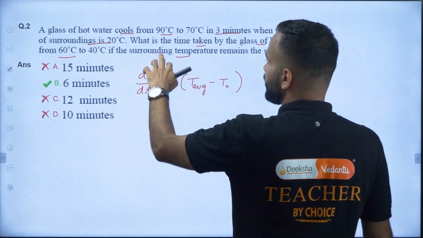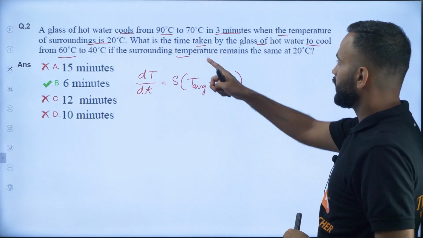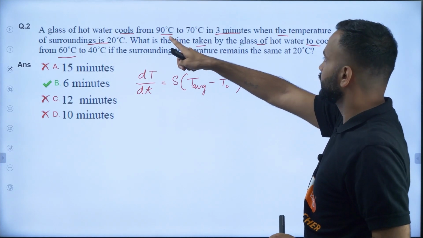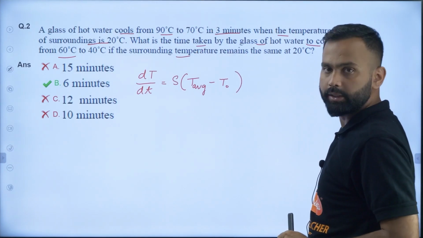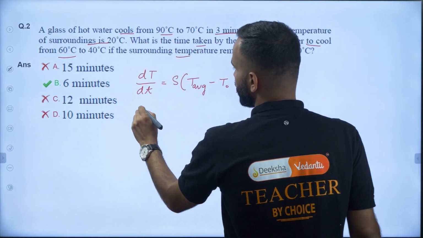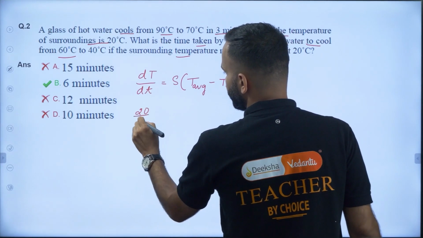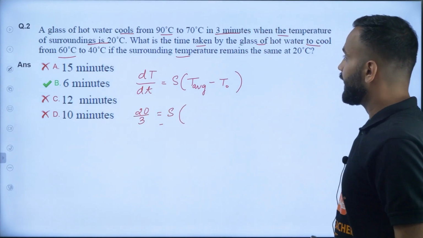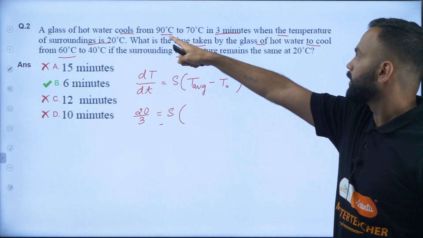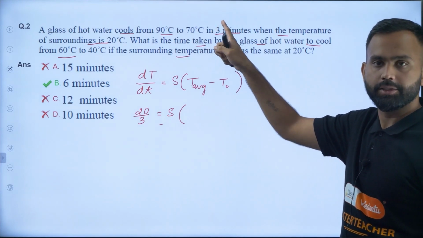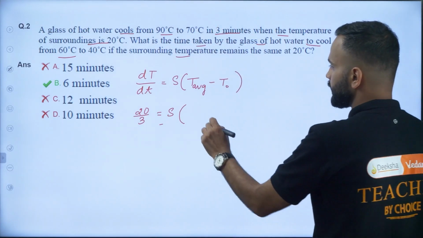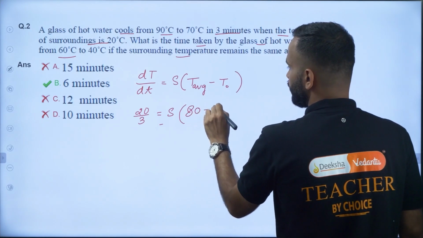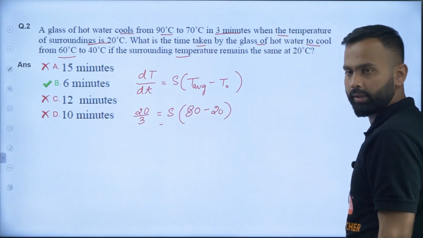So now what is dT in first case? The dT in first case is 90 degrees Celsius minus 70 degrees Celsius, that is 20 degrees Celsius, right? So 20 divided by 3 equal to S into the average temperature in first case, 90 degrees Celsius plus 70 degrees Celsius divided by 2, that is 80 degrees Celsius. 80 minus 20, right?